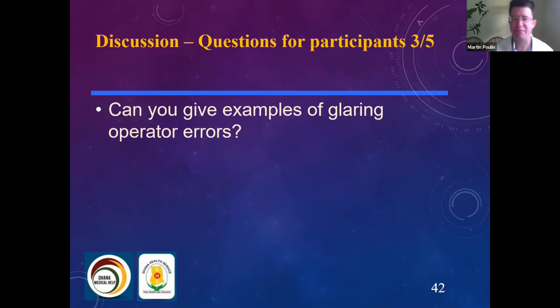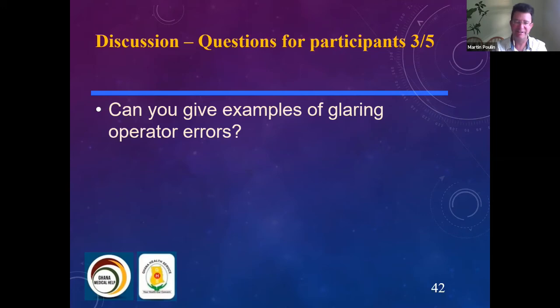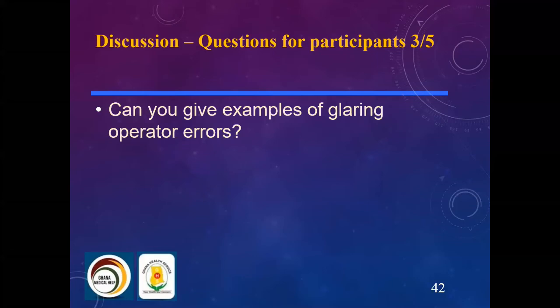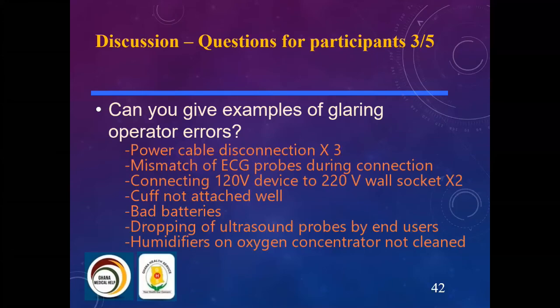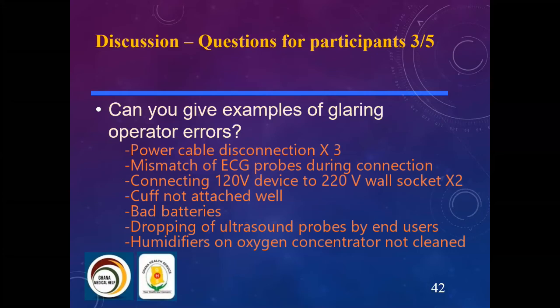That's interesting, Bill. I had a similar incident when my first daughter was being born. They couldn't figure out how to turn it on, and it was simply a power switch was hidden at the back of the machine. Oh yes, and here John Iden has experienced the same issue: power cable disconnection. Right. Mismatch of EC probes during connections. Poor disconnection of probes.